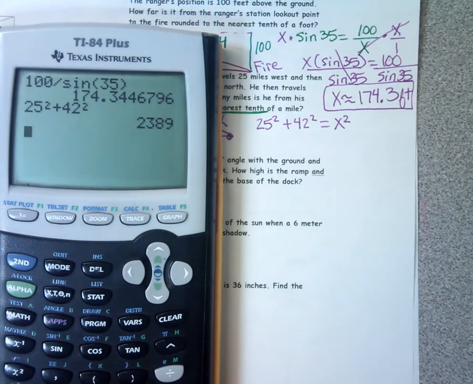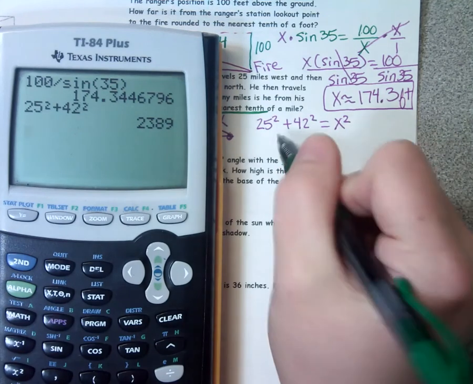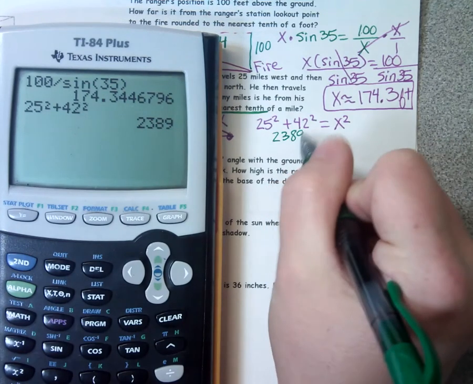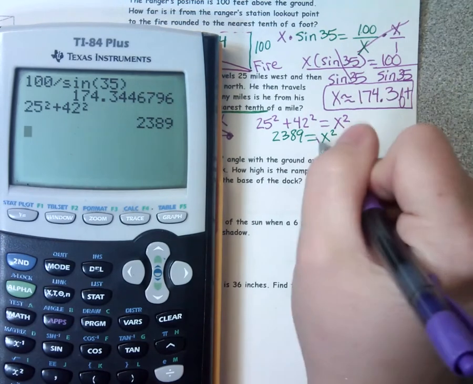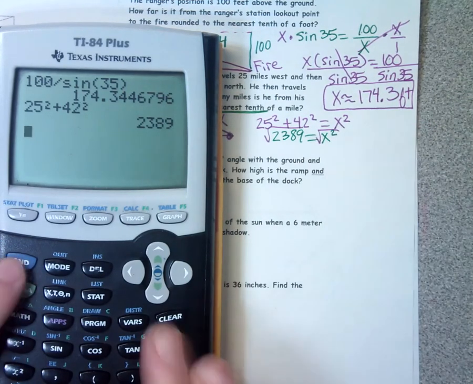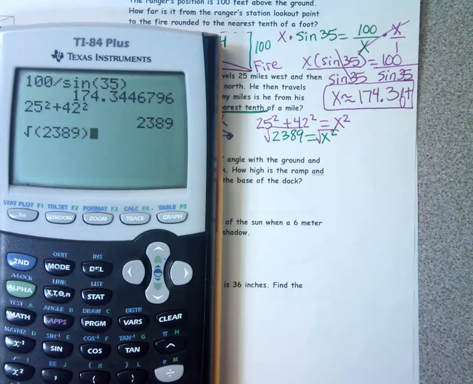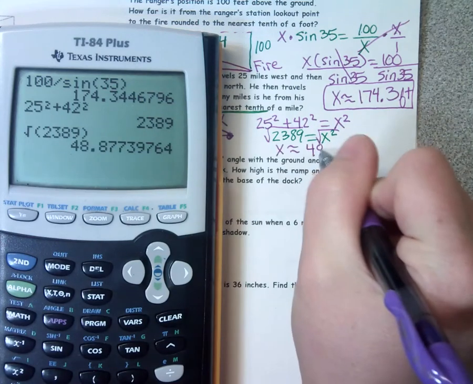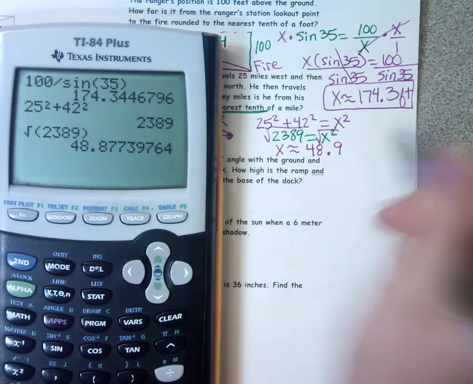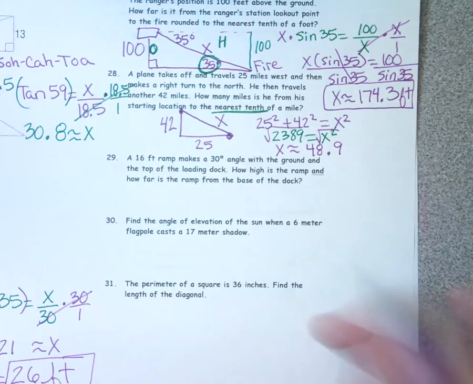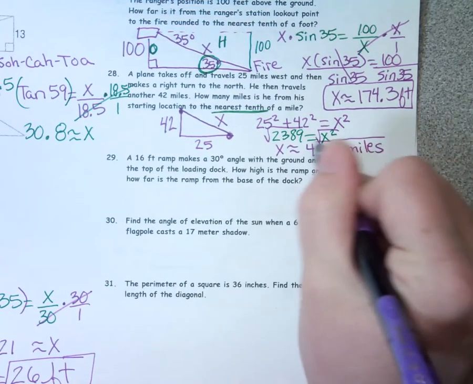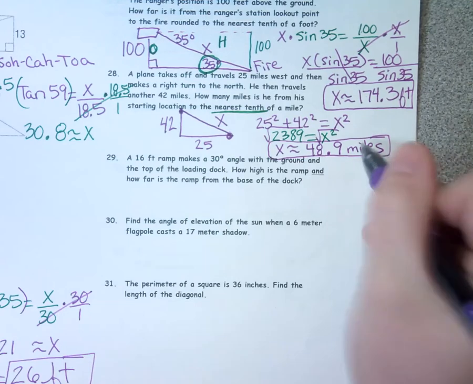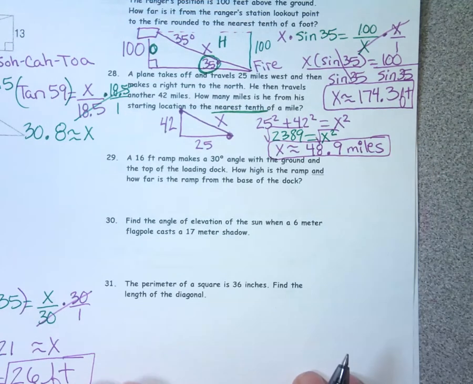And when I get that answer of 2389, the next thing I want to do is get rid of the squared. So I'm going to square root both sides. So in my calculator, I'm going to take the square root of 2389. And if I read 48.9. And this is miles. Yay! We just threw in a Pythagorean theorem problem. Most of you seem to like those.